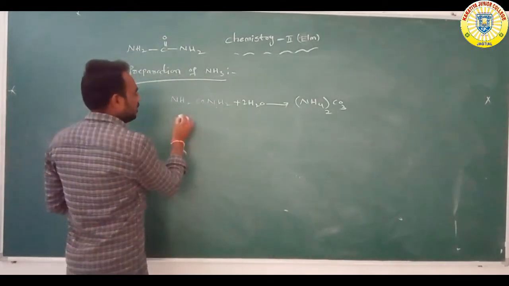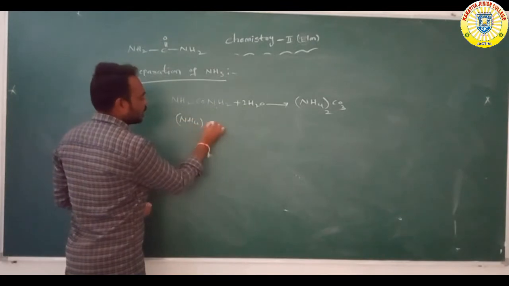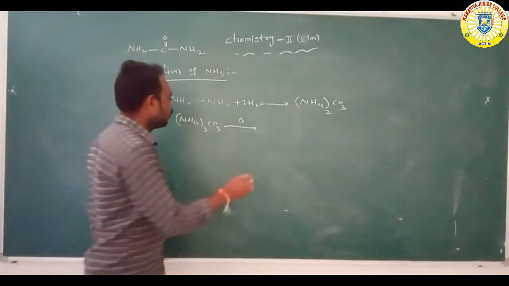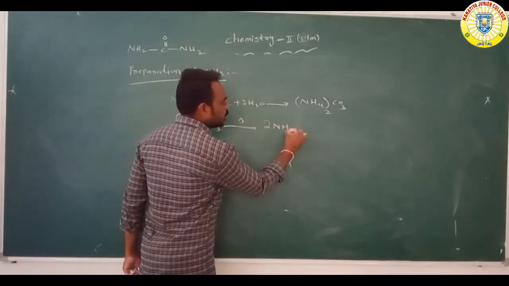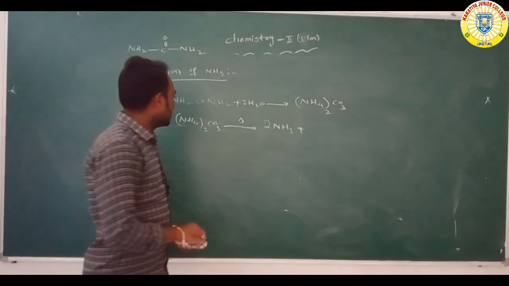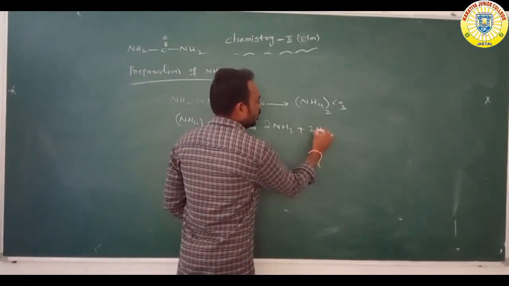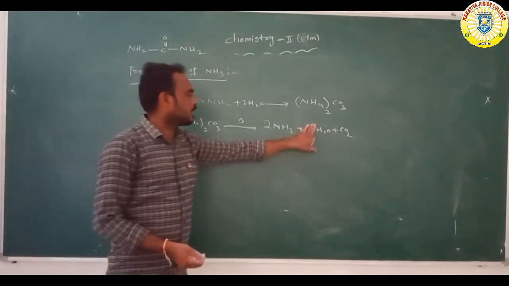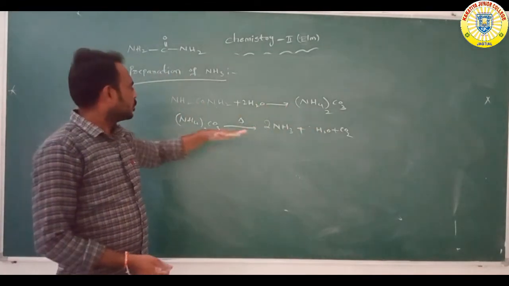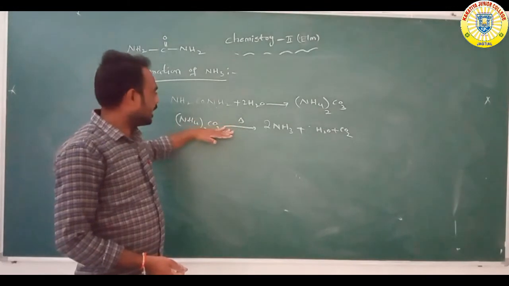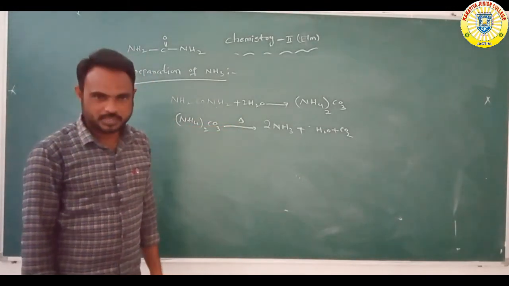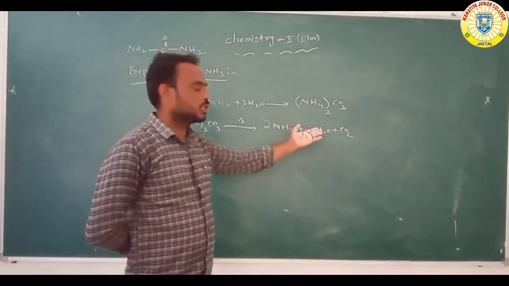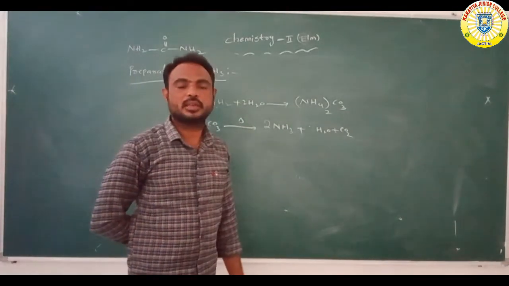When this ammonium carbonate is heated, it forms first of all NH3, ammonia, then water molecules, and then CO2, carbon dioxide.